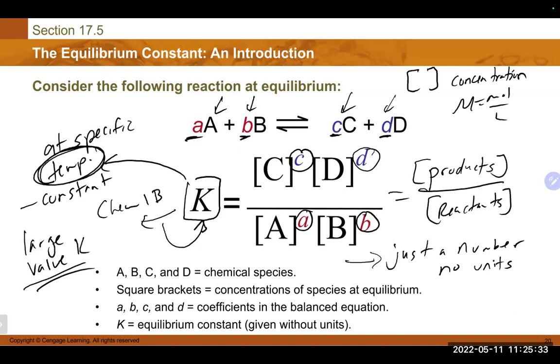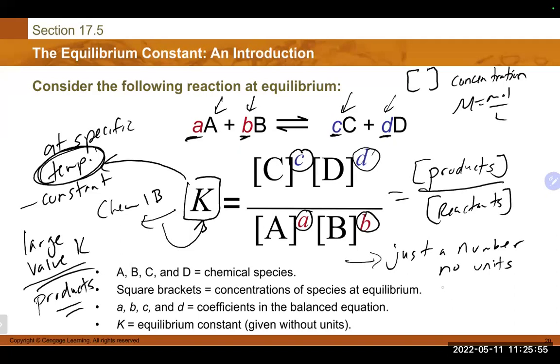Which one should mainly be there if K was large? Products, right? Just mathematically, a large number divided by a small number gives you a large number. So if you see a large value of K, it means that when this reaches equilibrium, you mainly have products present.